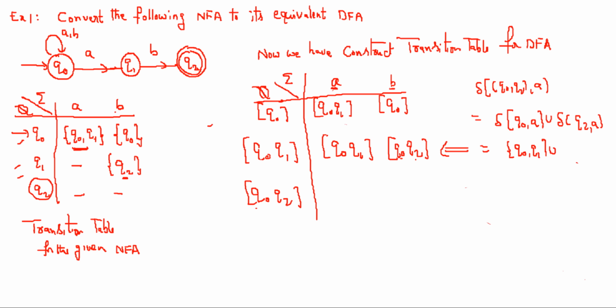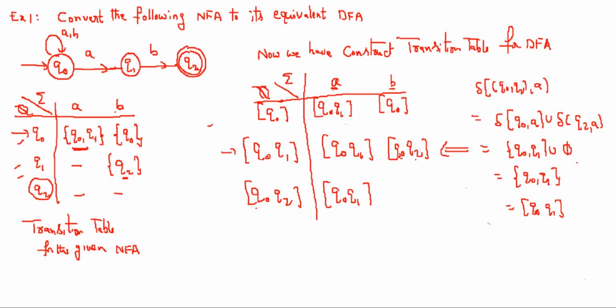If you apply A on Q2, you are going nowhere. That is an empty state. So this can be represented as Q0 Q1. So on applying A on Q0 Q2, you are going to Q0 Q1. That means this is already discussed. A new state is not created.